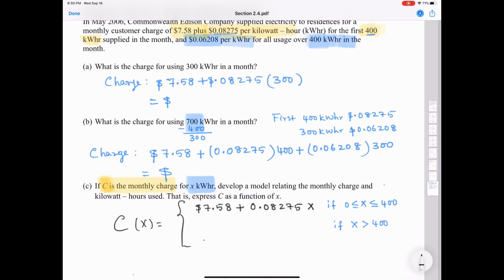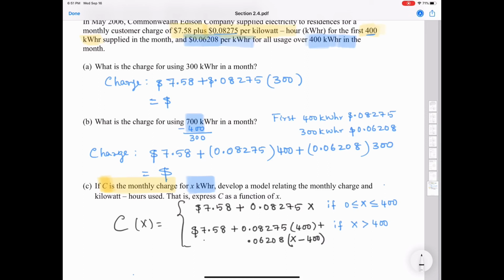For that one, they still pay 7.58, plus 0.08275 for the first 400, plus 0.06208 times X minus 400. So the 400 will be gone, and anything above 400 comes to the third term. Exactly how we wrote here.